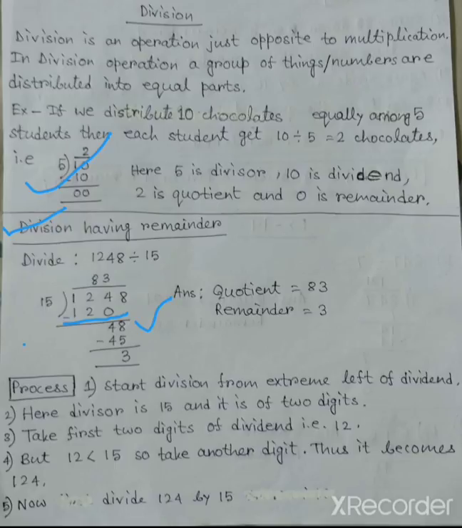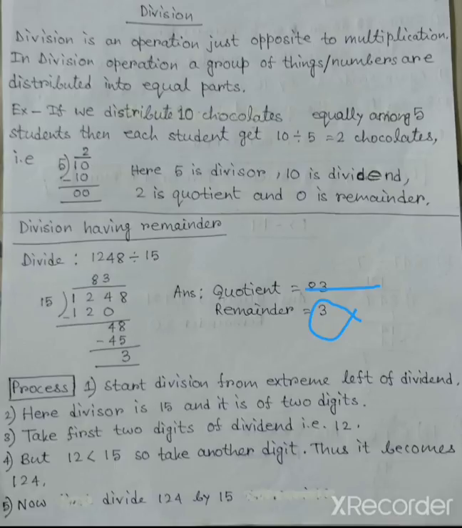Again, using the multiplication table of 15, you will get 15 3s are 45. After this subtraction, you will get 3 as remainder. So, in this division, quotient is 83 and remainder is 3.